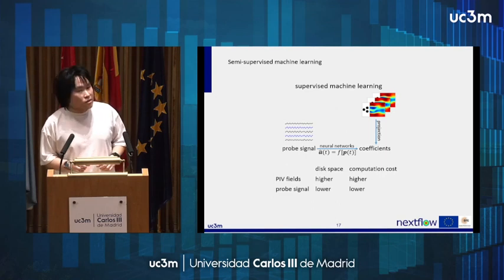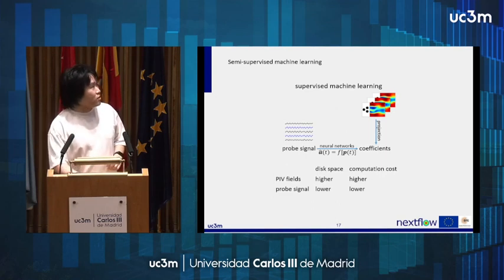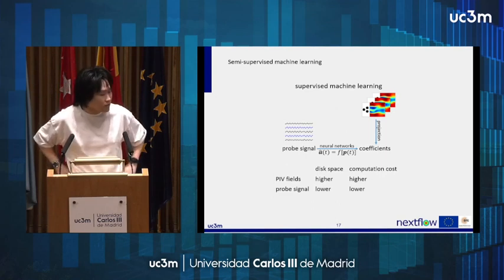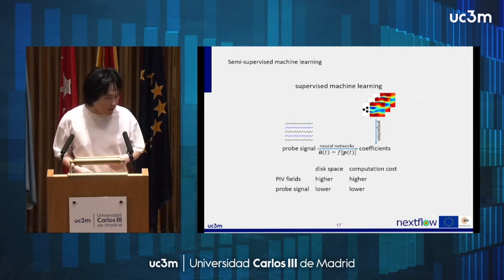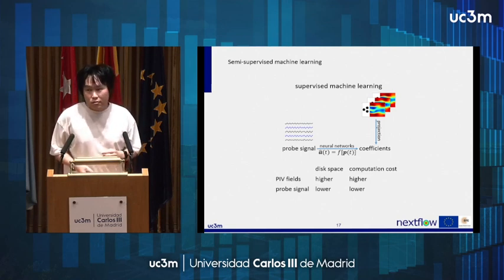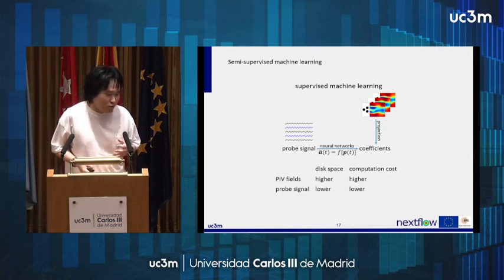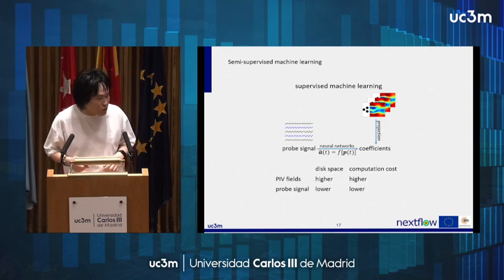This is called supervised machine learning. As we know, the cost of storage and computation for PIV snapshots is much higher than for the probe signal.